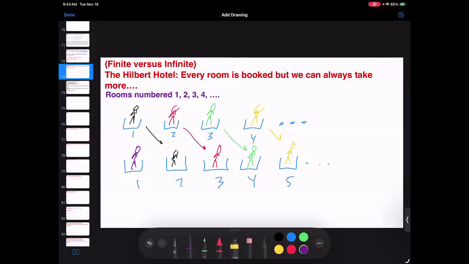Could we get 2 people in? Yeah. Lather, rinse, repeat. Can we do any finite number? Yeah. So we could add 2 more, 3 more, ... n more. Could we add infinitely many more?